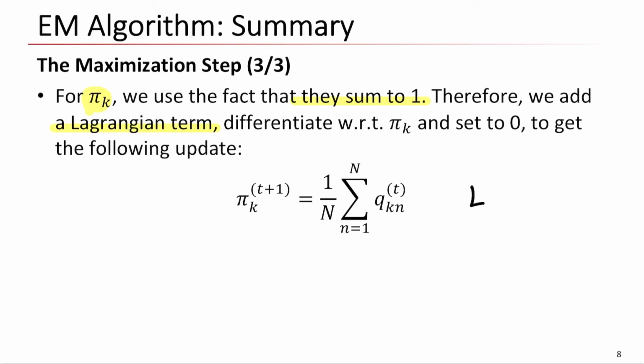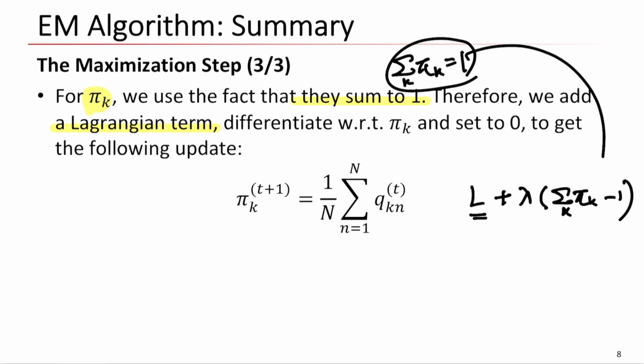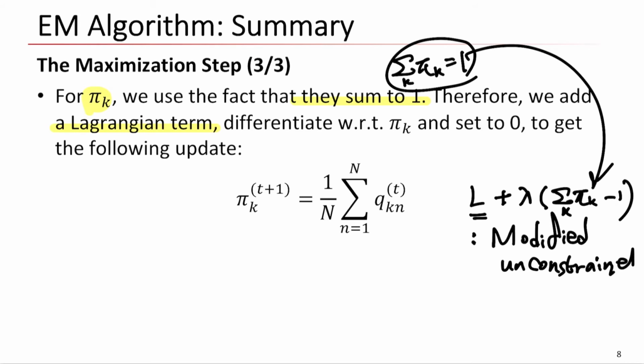Okay, let's say we have the original loss function here, and by using some constant lambda, we just add this term to the original loss function, something like that, right? Because this constraint was something like that. This loss function is called the modified unconstrained objective.